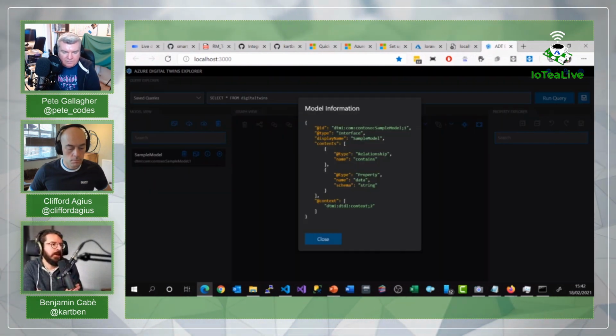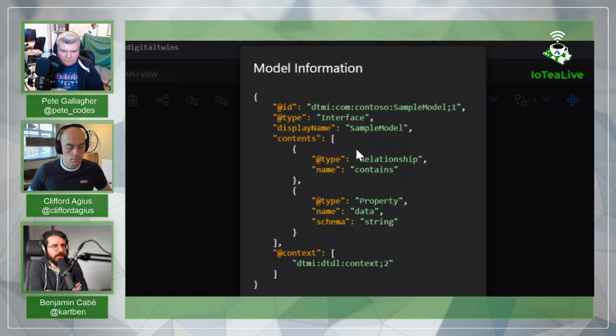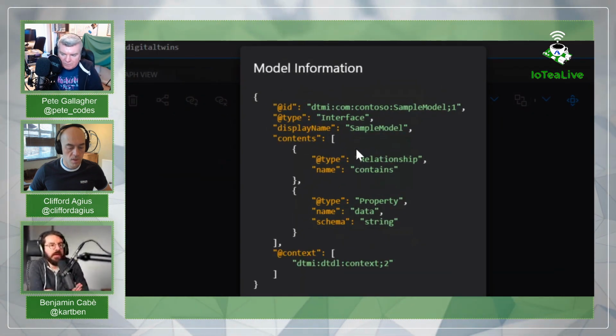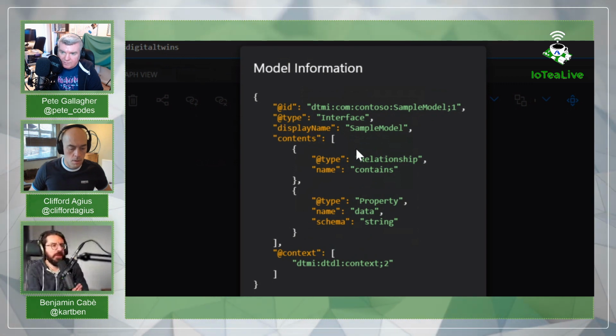It's essentially telling us that in this particular digital twins instance, it will be possible to create and manipulate twins that are of type sample model, and those twins will have a property called data, which is a string, and they will have a relationship towards stuff.